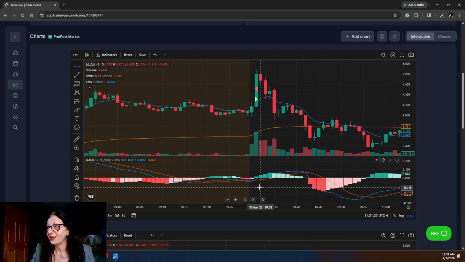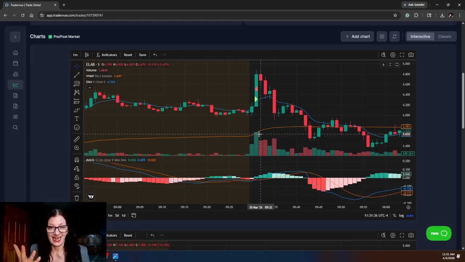In addition, here, the MACD is green, which we'll go over in another video, and the volume bars are going up. So actually, here I have 4 indicators pointing in the same direction. I actually had the 20 EMA on this chart as well, but we'll go over that in another video. But I had multiple indicators pointing in the same direction, giving me confidence that I was making a good decision.